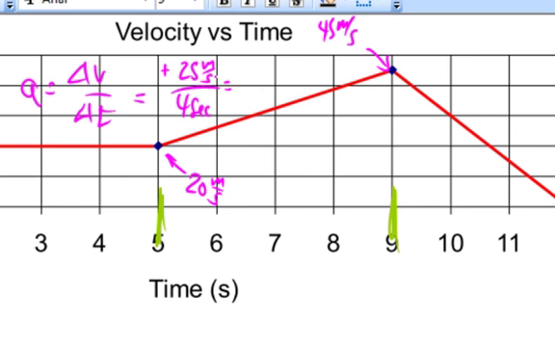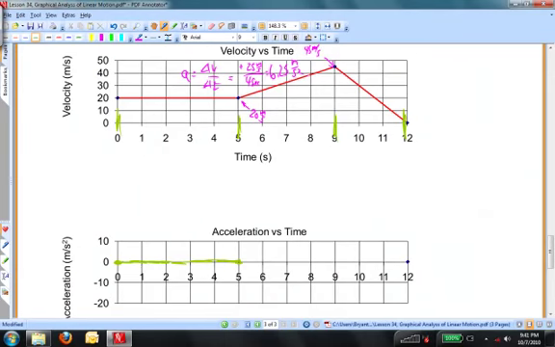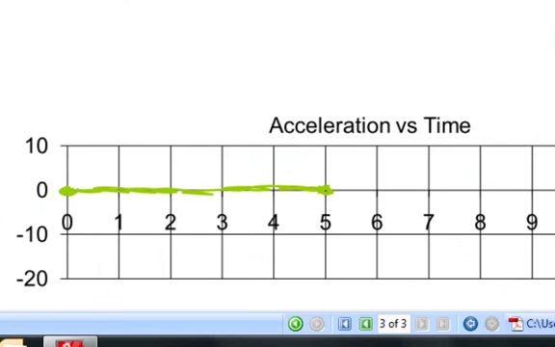So I can calculate what the acceleration of that segment of the graph is. I get that the acceleration is 6.25 meters per second squared, and it's a positive number. So at t equals 5 seconds, I suddenly jump up to 6.25 meters per second squared, and I do that until I get up to 9 seconds. So this is going to be a horizontal line between those 2 points.